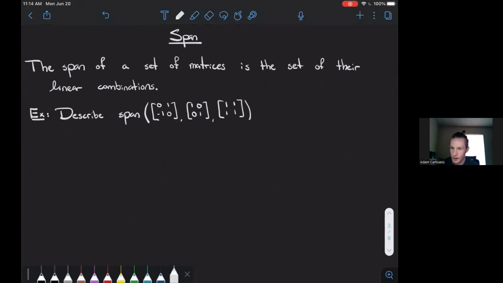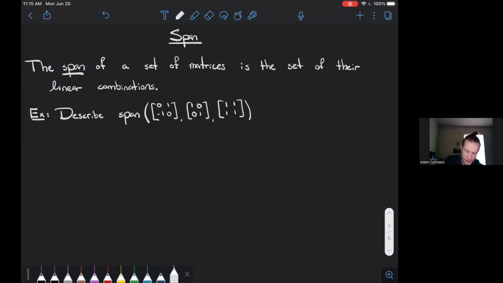So if we can compute linear combinations of matrices, then we can also talk sensibly about the span of a set of matrices, right? The span of a set of matrices of the same size, of course, is the set of their linear combinations. So we want to describe the span of these same three matrices, A1, A2, and A3.